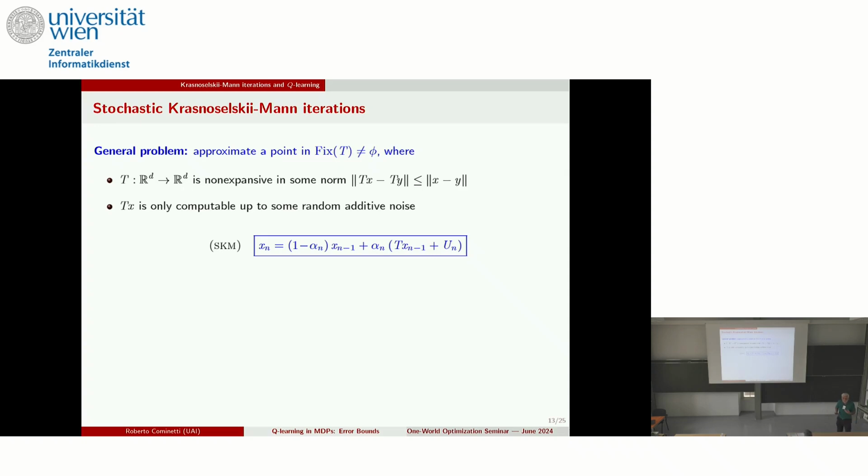My norm of interest will be the infinity norm, and the operator will be H. And the assumption is that the values of this operator can only be computed up to some random additive noise. And I will do this type of iterations. The next iterate is the average of the previous one, and this noisy observation of the map.